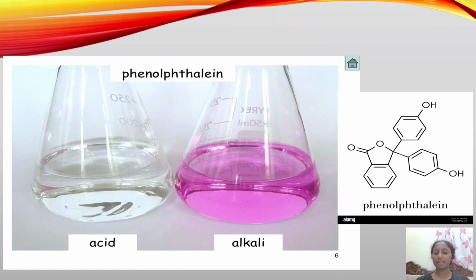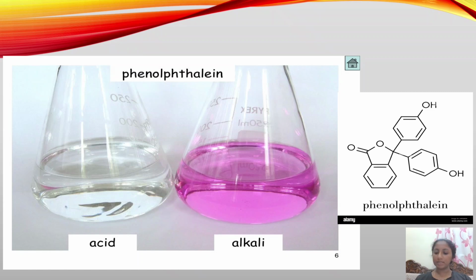When we take hydrochloric acid, or HCl, and add 2-3 drops of phenolphthalein to it, there won't be any color; it will be colorless. And when we take potassium hydroxide solution or sodium hydroxide solution or calcium hydroxide solution and add phenolphthalein to this, the color will change to pink.